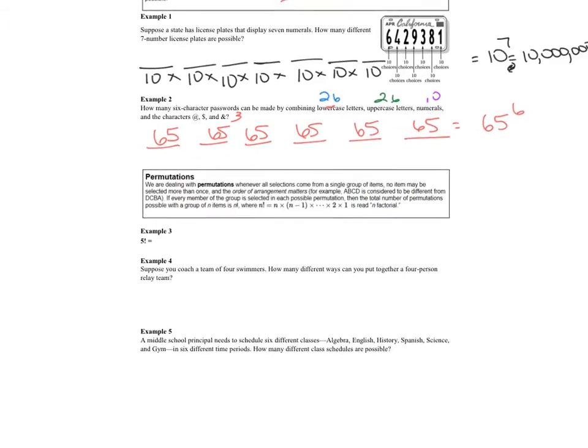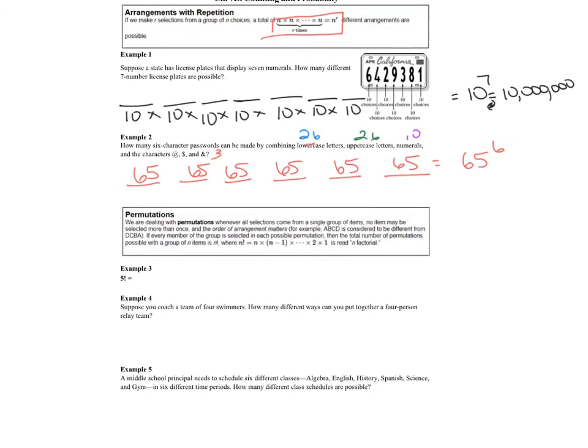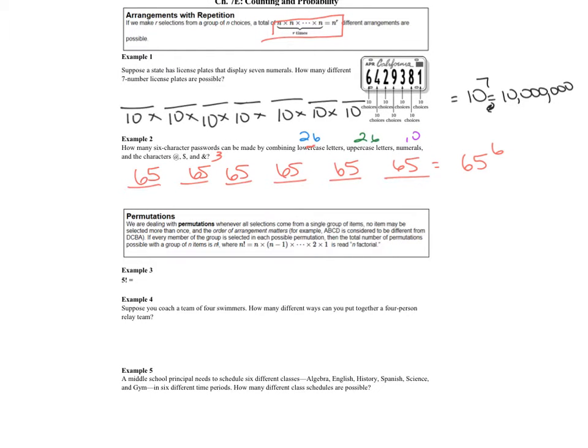So we develop these things now when we look at those that are called permutations. And in a permutation, the order of the arrangement A, B, C, D is considered to be different than the order of arrangement of B, C, D, A, D, C, B, A, or anything like that.